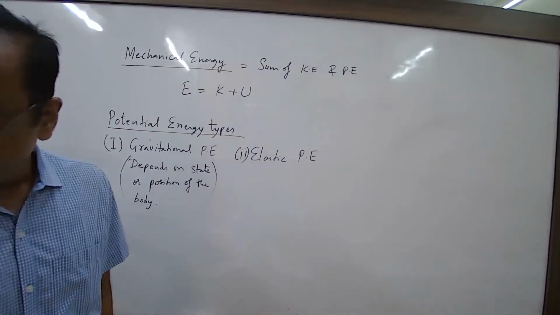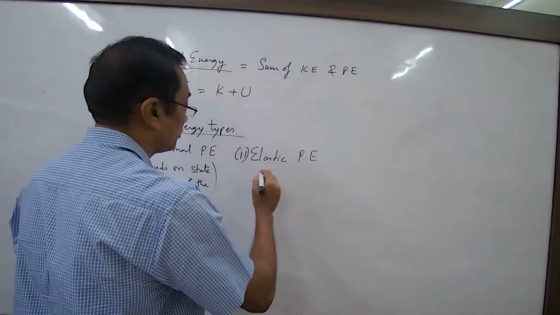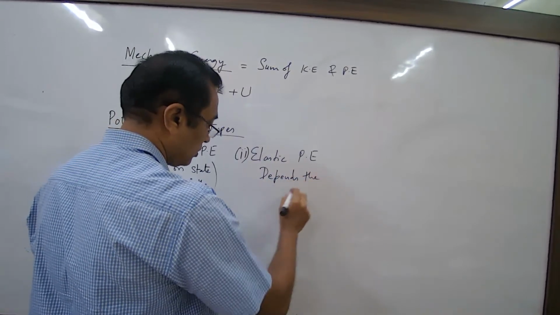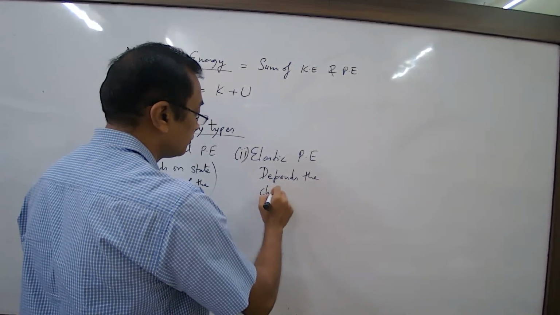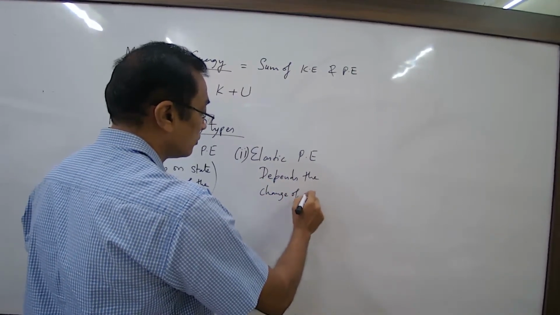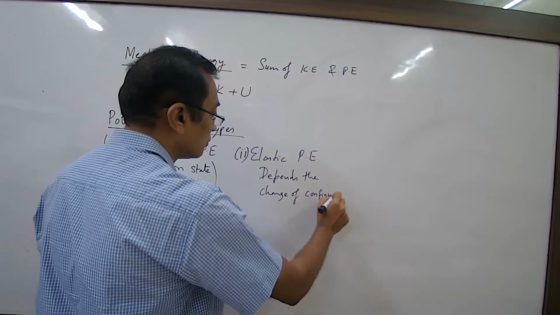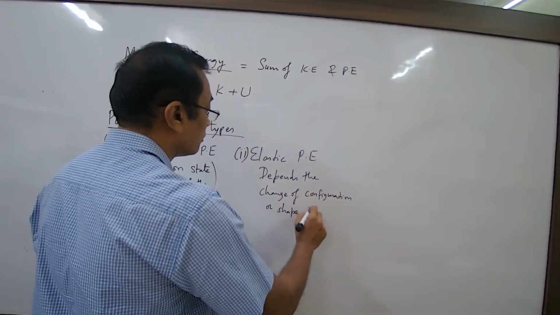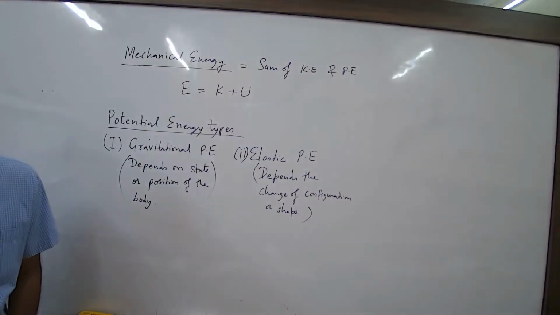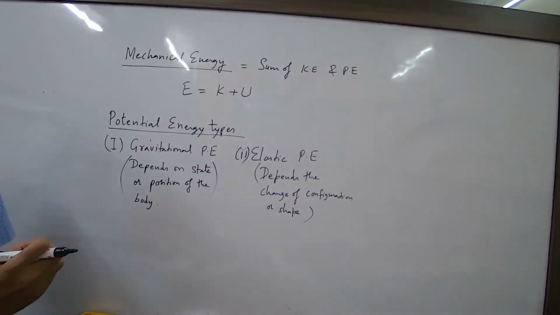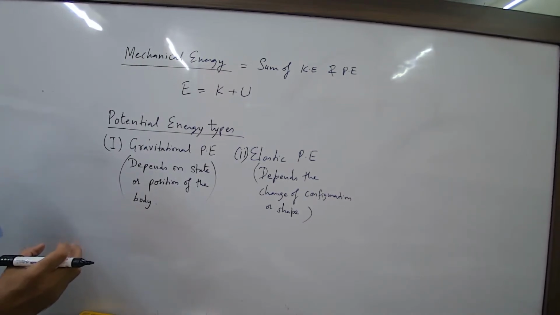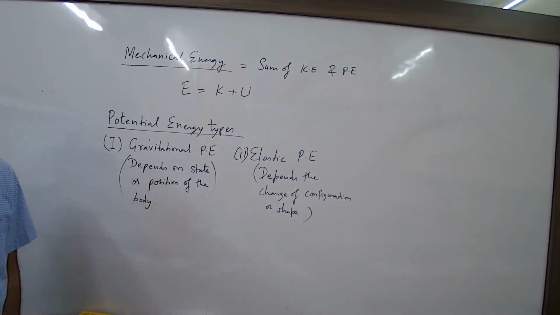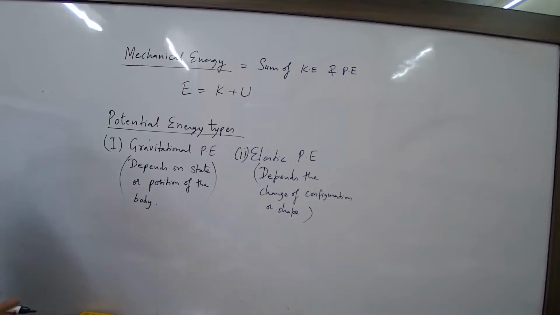It depends on the change of shape or configuration. Whenever the body's shape changes, it develops potential energy. Then when the external force which is causing the deformation is released, it is converted into kinetic energy. We'll understand that in detail.